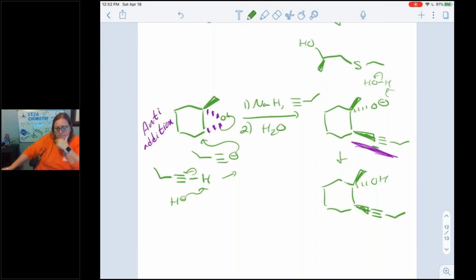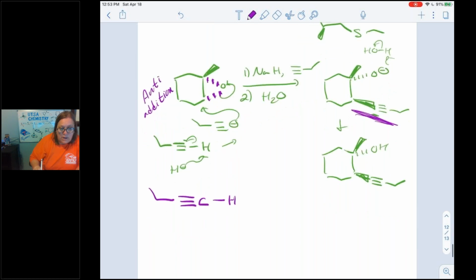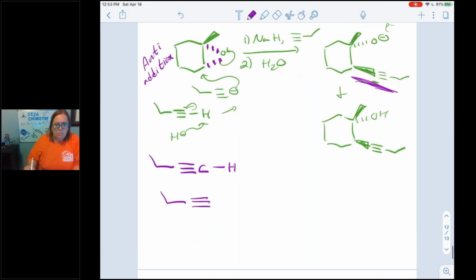Why is there a hydrogen attached to that triple bond in the first step? In the first step here, this is a terminal alkyne, right? And remember that carbon, there is an implied carbon here. And we know that carbon has to have 4 bonds. And so that hydrogen is making up the 4th bond. Typically we would just draw it like this, and then the hydrogen would be implied.